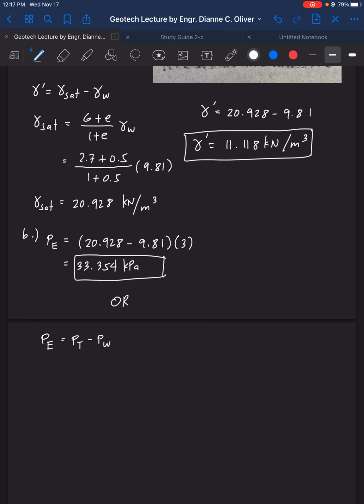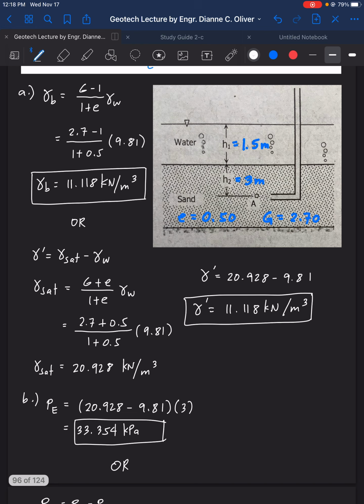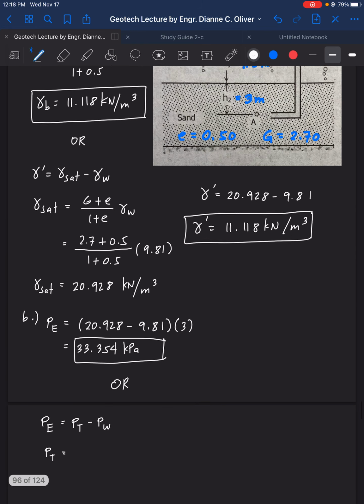This is also as a form of checking in case you're not quite sure if you did the shortcut here. So P total. P total is water and sand.